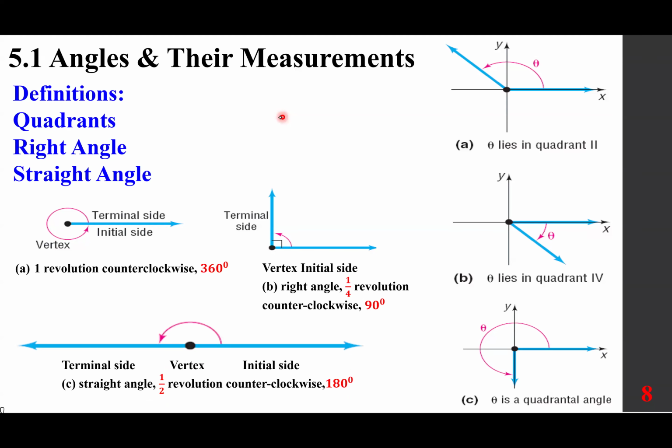And this one, here's the initial side, here's the vertex, here's the terminal side, a straight angle: 1/2 revolution counterclockwise, or 180 degrees. So this is 90 degrees, this is 180 degrees. This is a right angle, this is a straight angle, and this is a complete revolution, 360 degrees. The terminal side and the initial side are on top of each other.